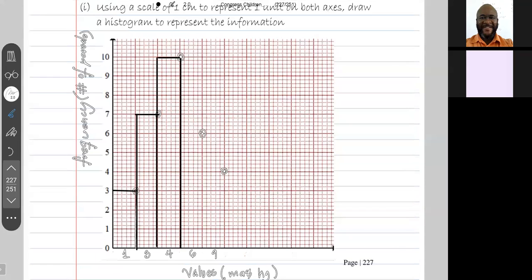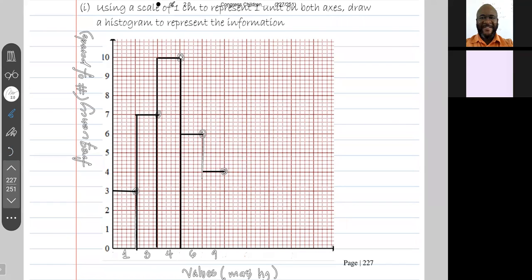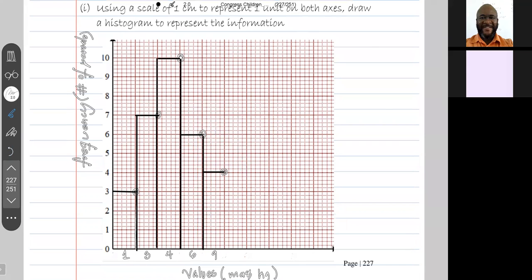Now, the bar after this is 6. And the last bar is 4.